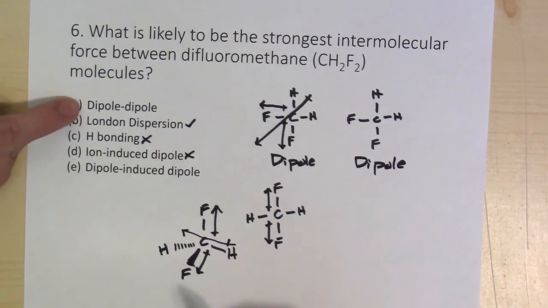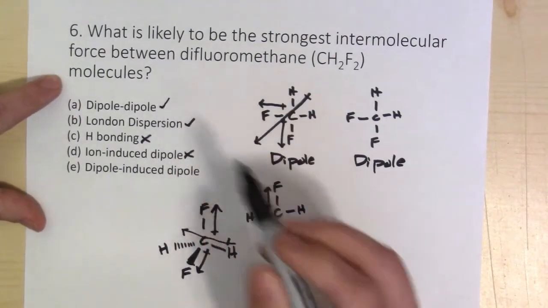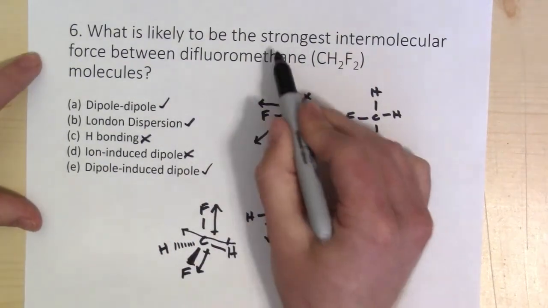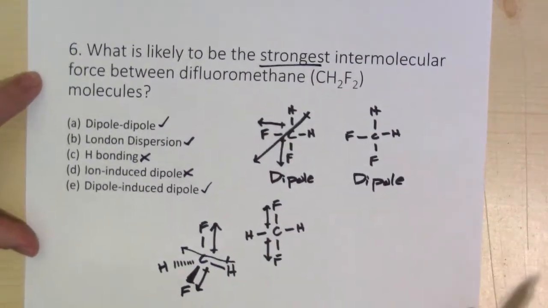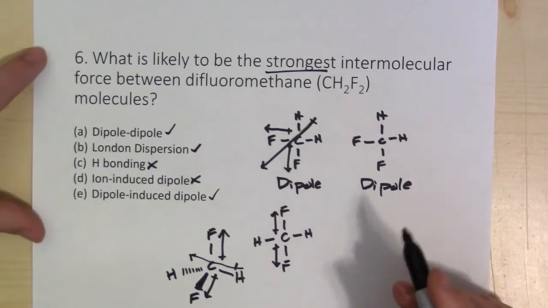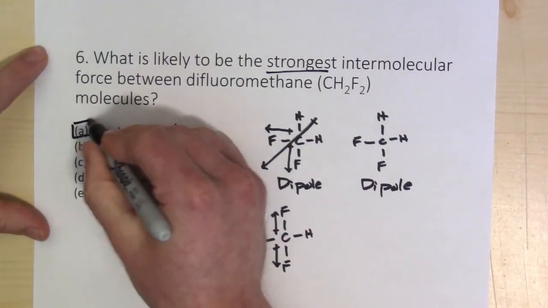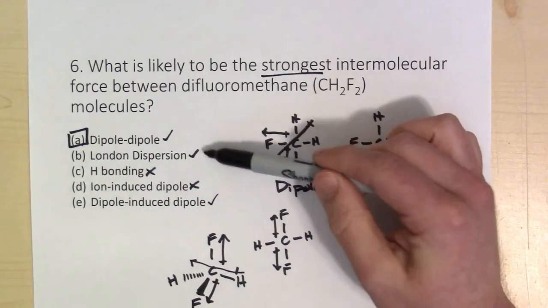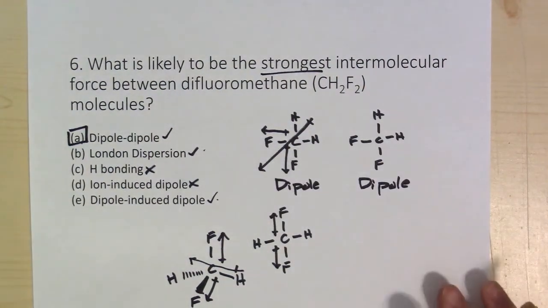So dipole-dipole is present. Dipole-induced dipole is also present, but it asks which is the strongest intermolecular force between those two molecules, so that is going to be dipole-dipole. That is the strongest, even though each of these three are all present there.